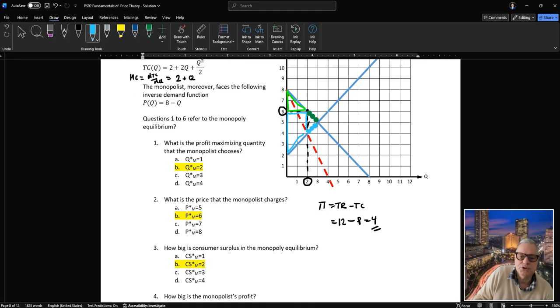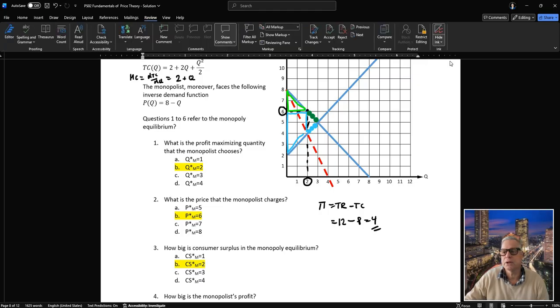But this is lost, so we have a deadweight loss. But in a perfectly competitive market, those people would be served. And then what would happen is, maybe let's remove all the ink here quickly.